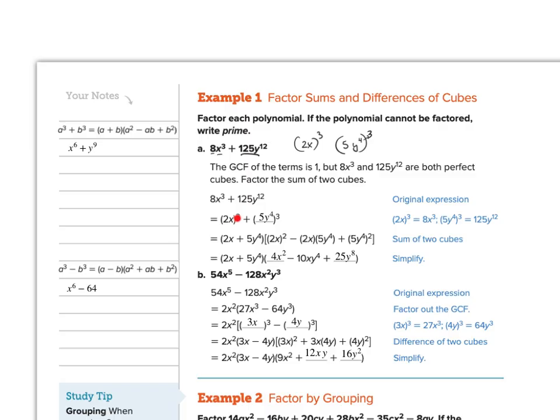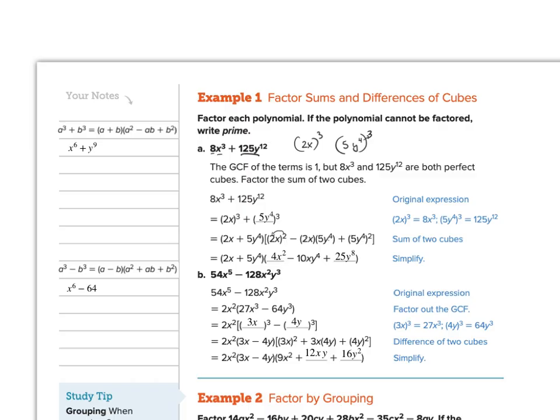So understanding that form, I would replace it. Here's my a cubed, b cubed, and then I had the formula that it called for right here when we had the sum of cubes: a plus b times a squared minus a times b plus b squared. And then they multiplied this out. 2 times 5 is 10 x y to the fourth, bringing it down.